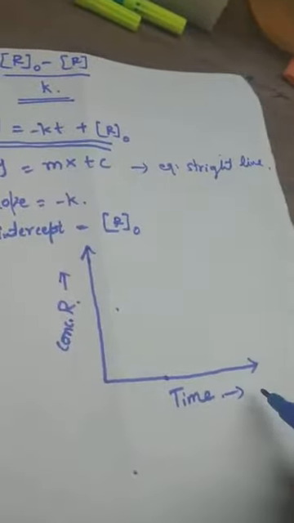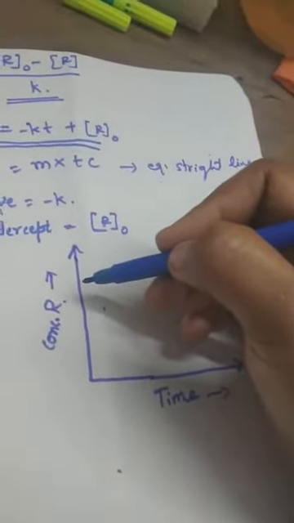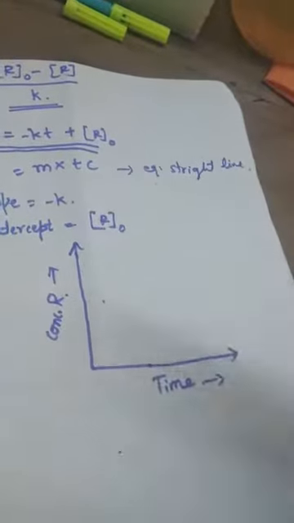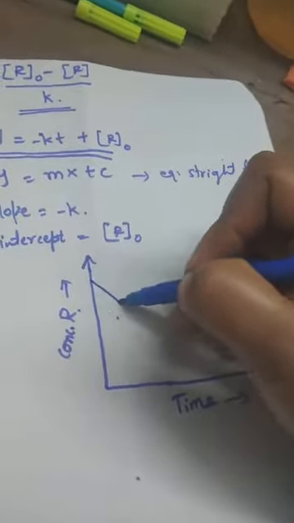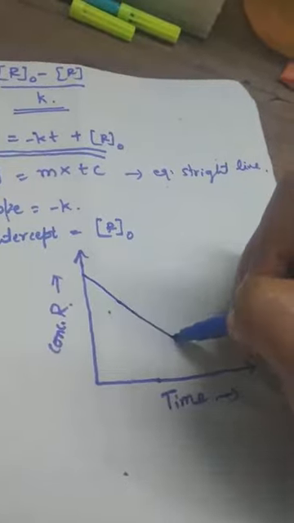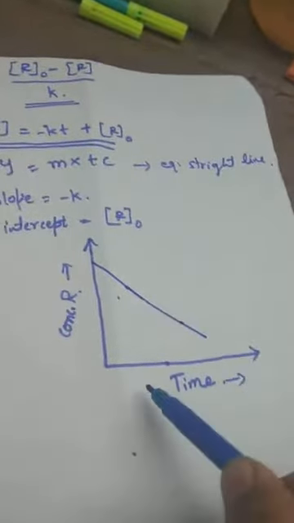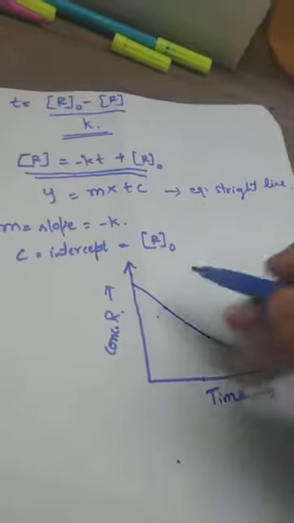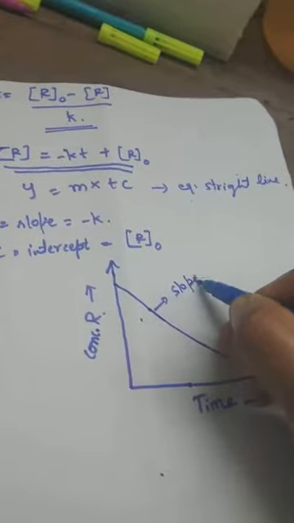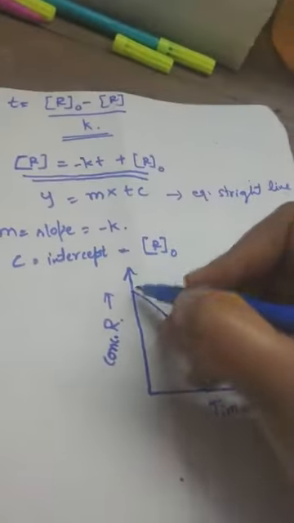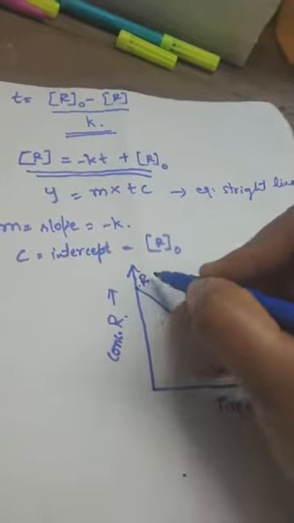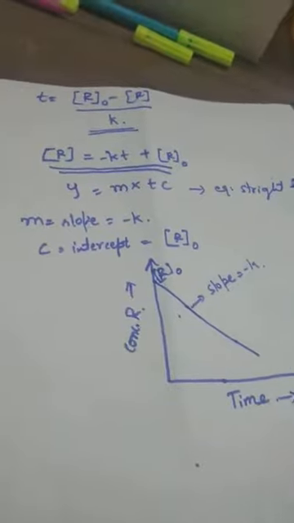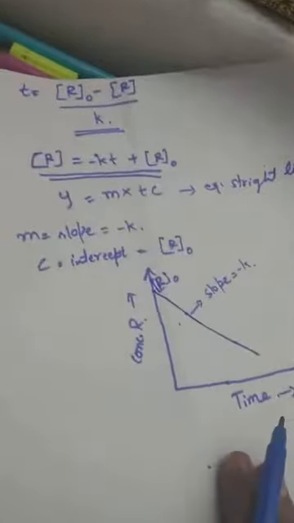Initially the concentration of the reactant will be high. As the reaction proceeds, the concentration of reactant decreases, and the slope is equal to minus K, and the intercept is R naught. So this is all about the zero order reaction.